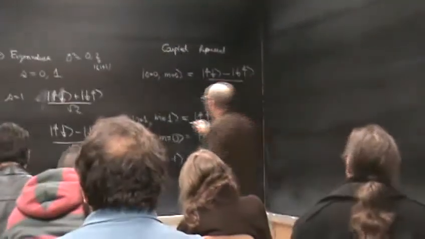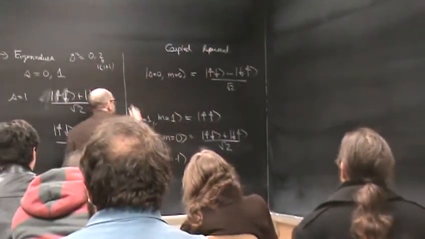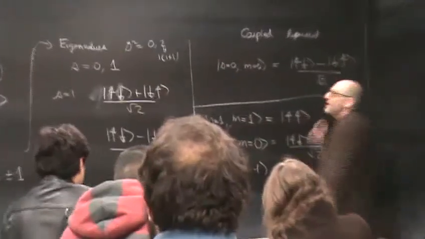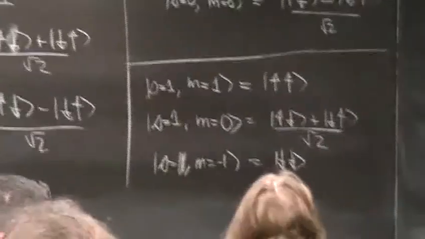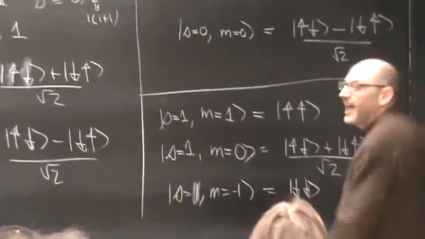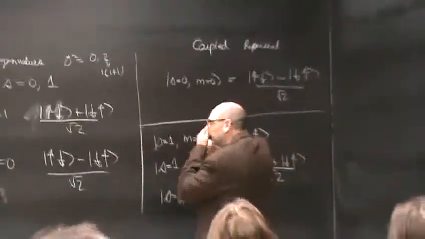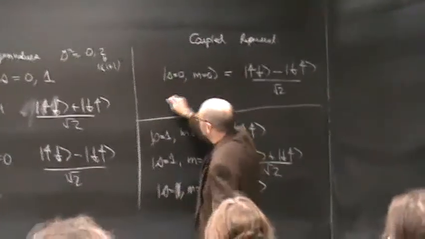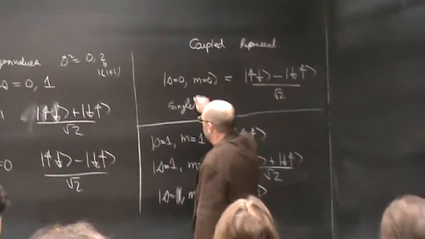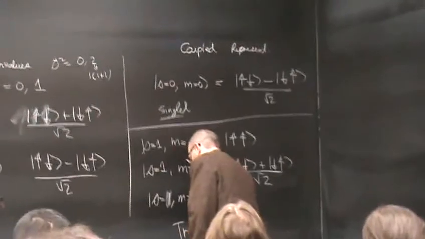So, this is very important, especially in the theory of chemistry, when we think about the Pauli exclusion principle and the pairing of electrons and such. We'll get to that. This combination of electron spins, this is the famous singlet and triplet.